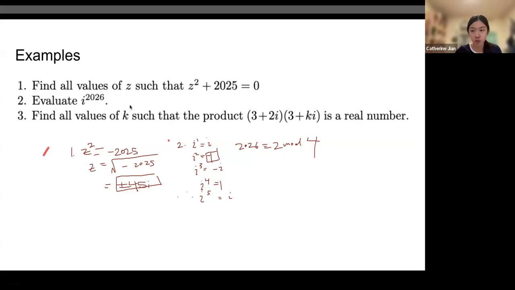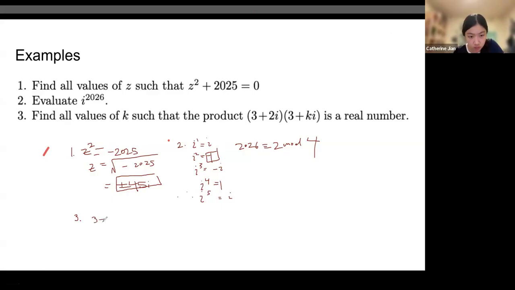Okay, so moving on to question 3. Find all values of k such that this is a real number. So we can expand this product.